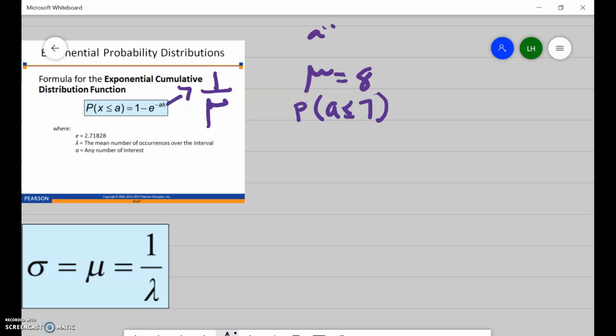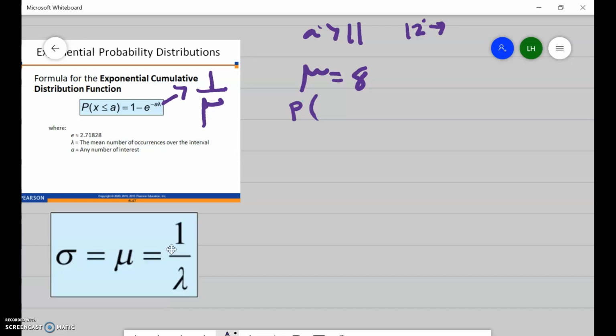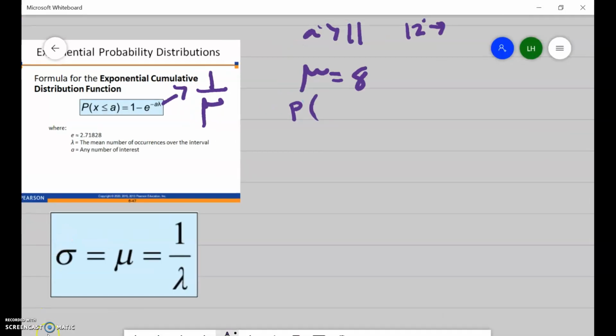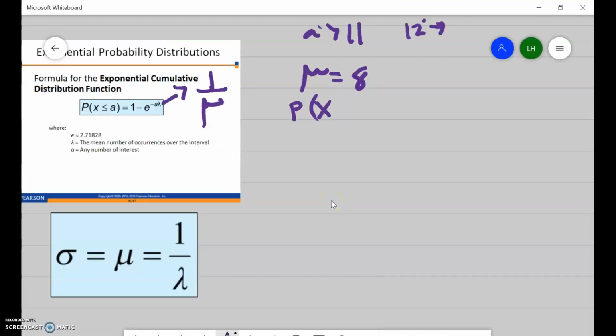So the complement to a value being greater than 11 would be, that means we would want it to be 12 and up. But we have to keep in mind that this is continuous. So the complement would be, it could be 11 or less.